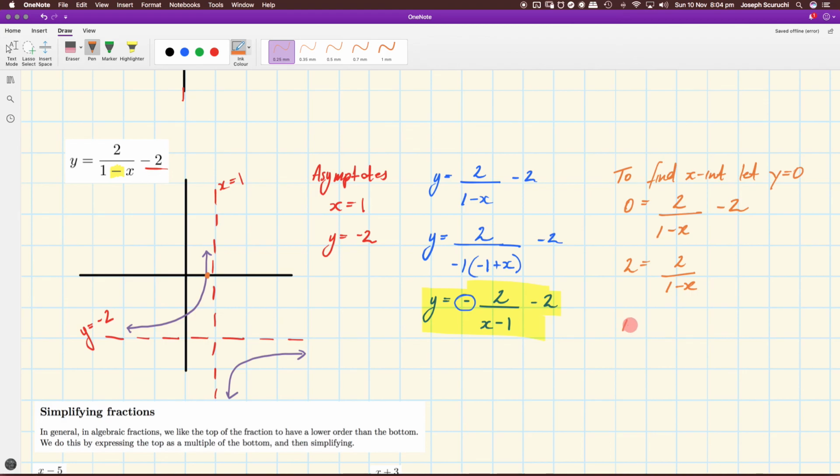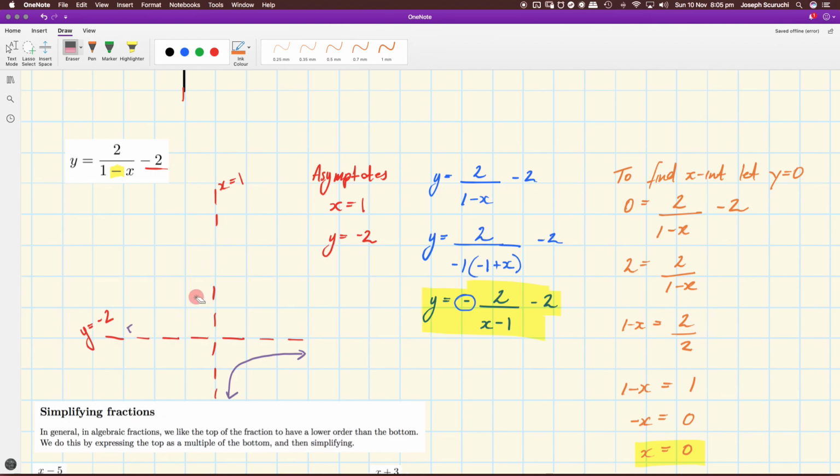I'm then going to minus 1 from both sides, and I'm going to be left with that. So x equals 0. Ooh, something interesting is going on here. I'm left with x equals 0 as my x-intercept, which means that I've drawn this part wrong.